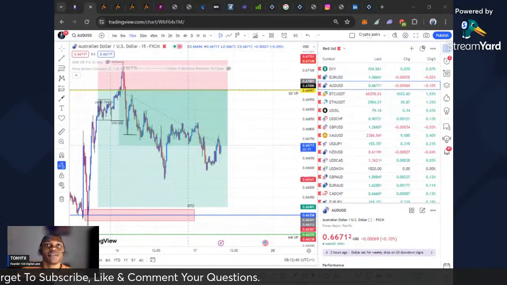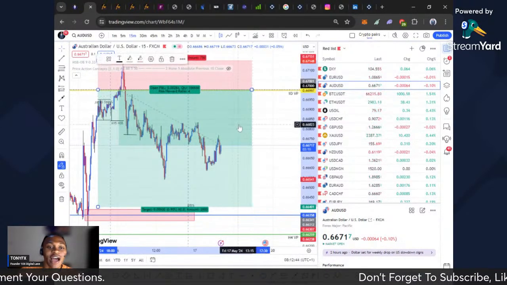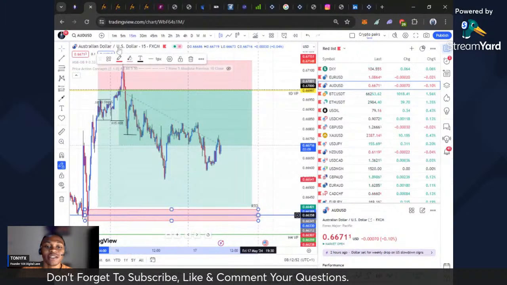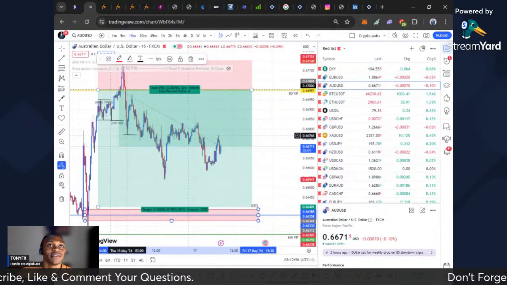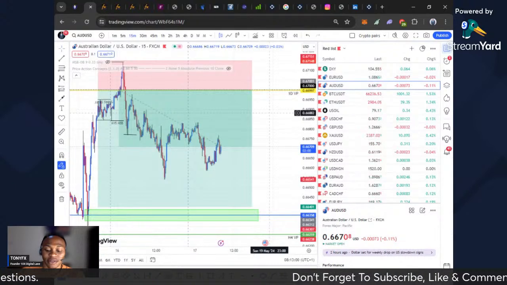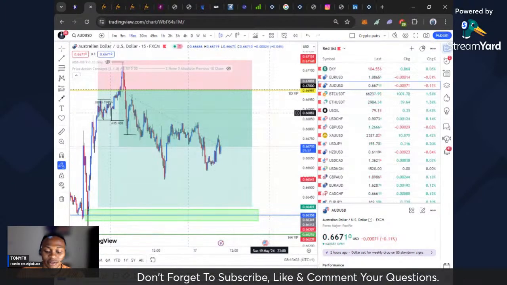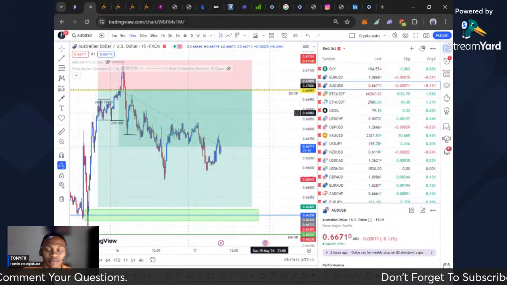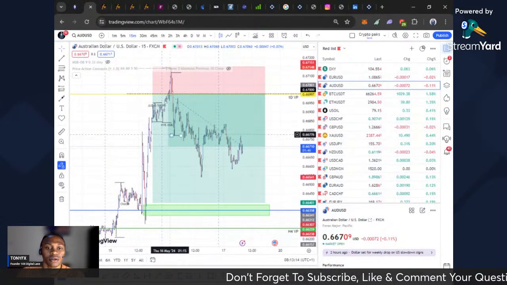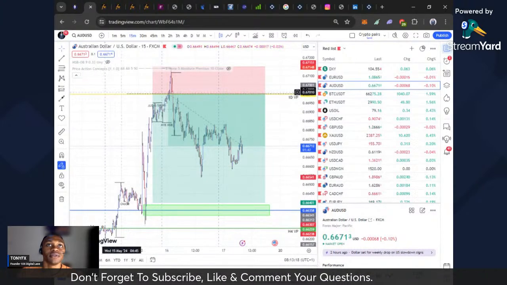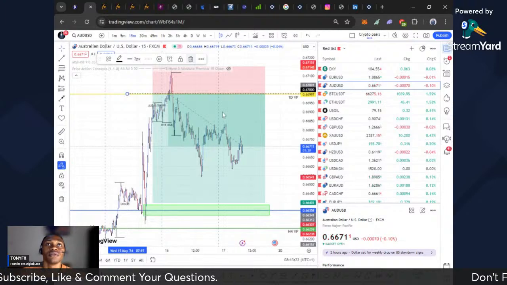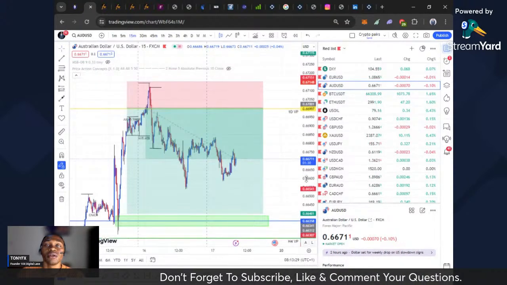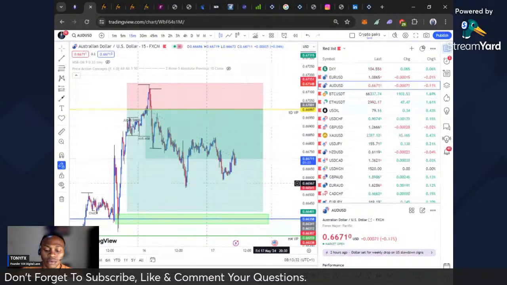Sessions overlap. How many session overlaps do we have?